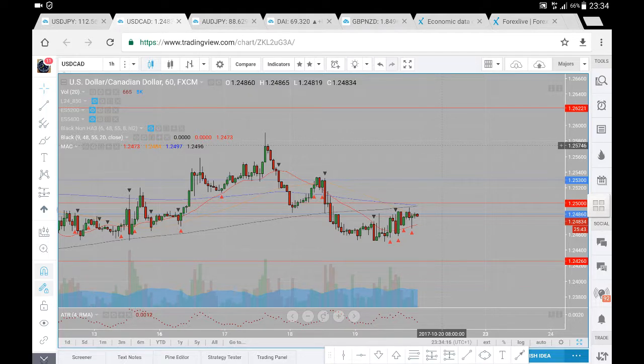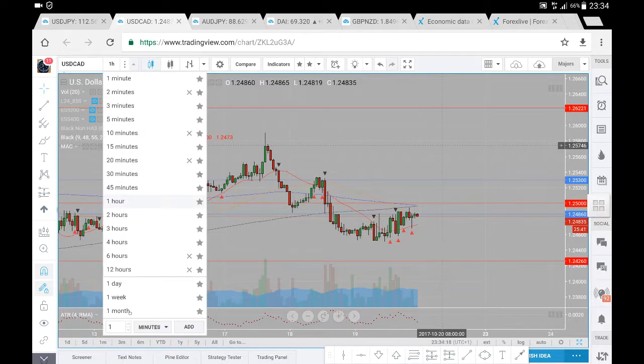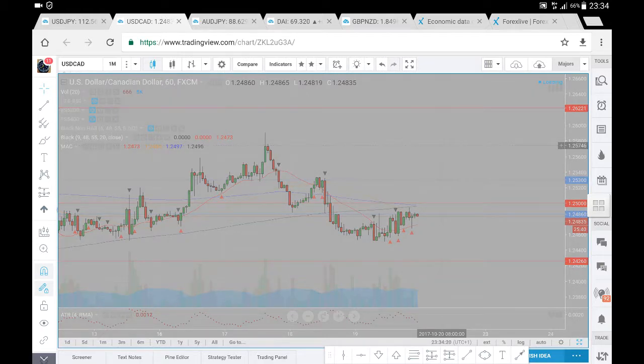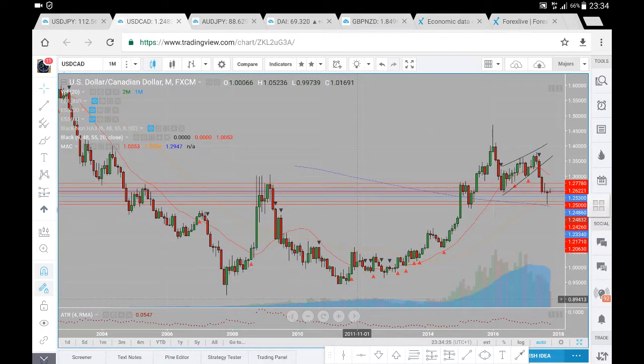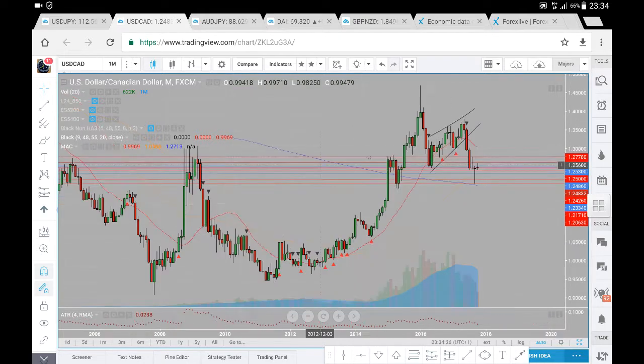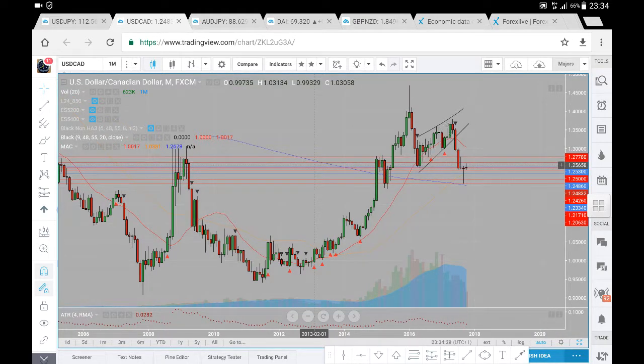So let's just have a look at the monthly time frame. So let's just get a scale on here. On a monthly time frame, in the most recent context, we would say that the market is bearish. Even though we did sell all the way down into the mid 120s before being brought back up to 125, overall the trend is to the bearish side.